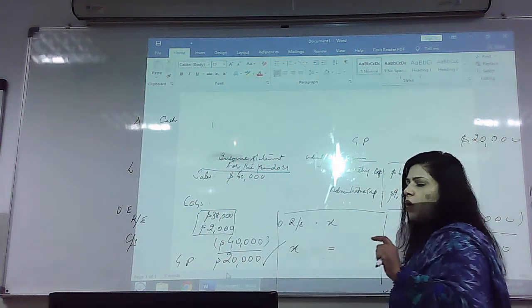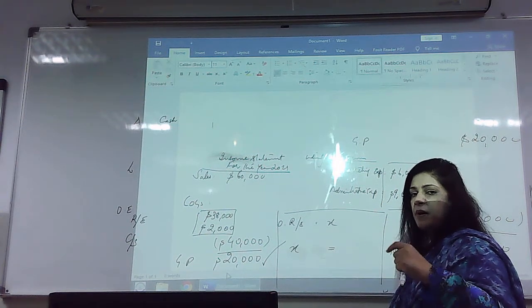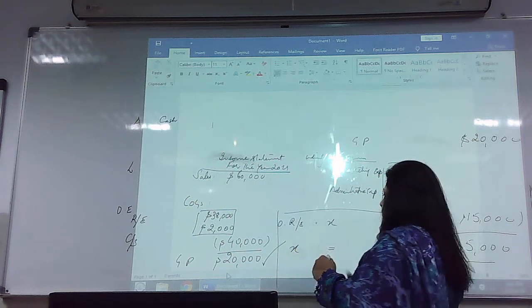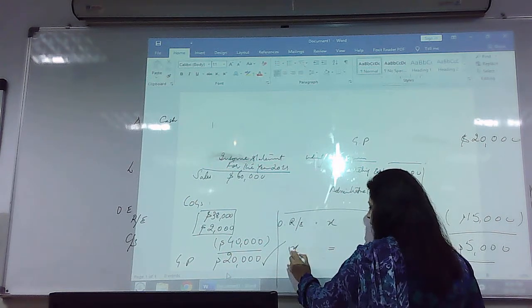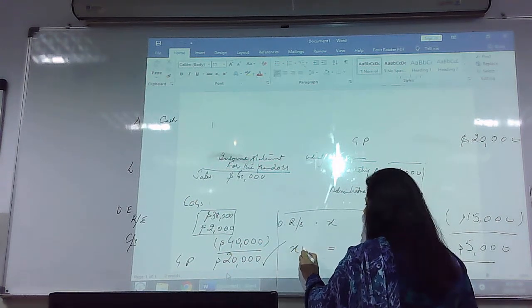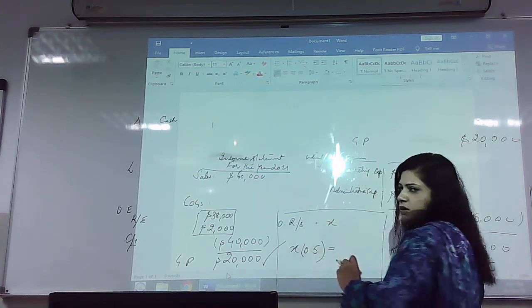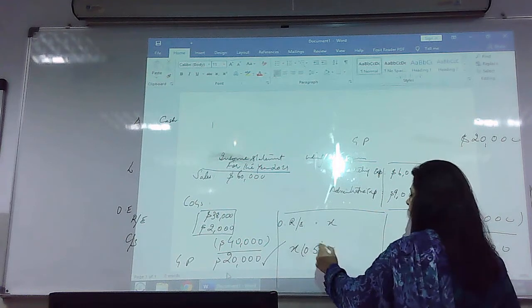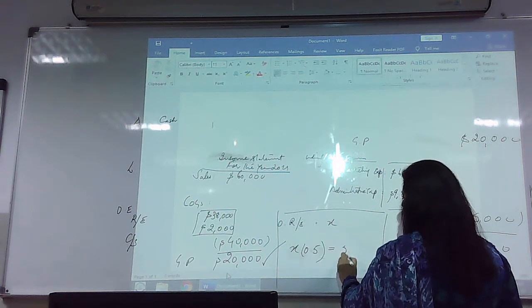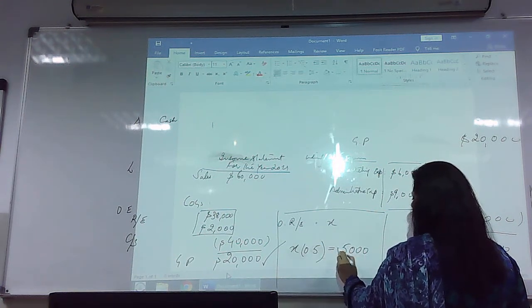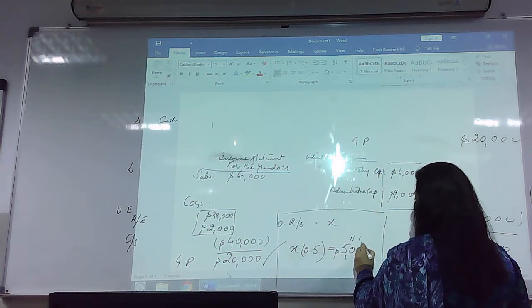I need to find out what is the 50% retained earnings. So now X is the total retained earnings assumed, and I say that this is the 50% increase. I know now that the 50% increase is 5,000, the net income. This was net income, okay? So this is my net income.